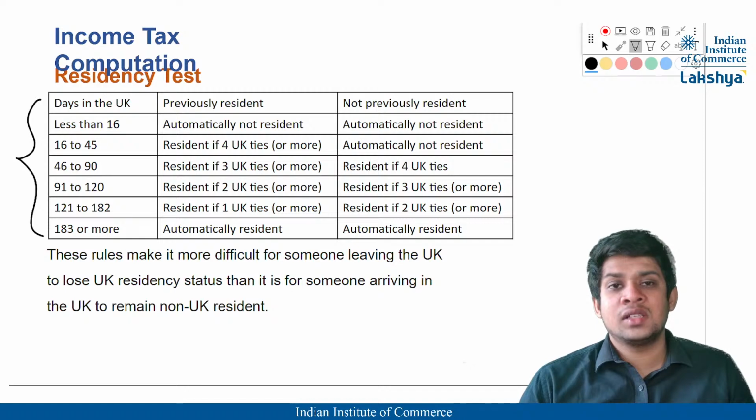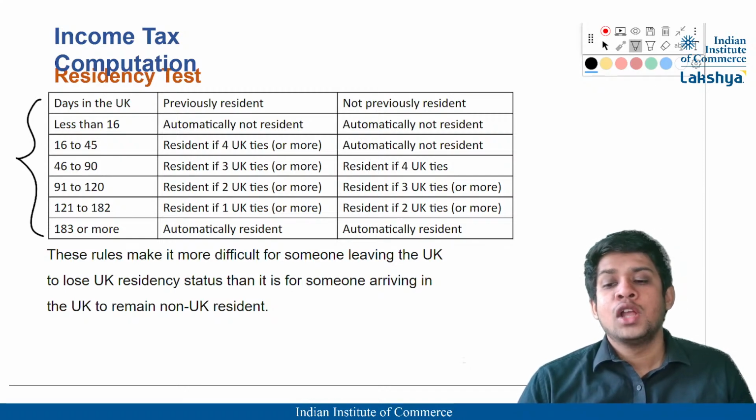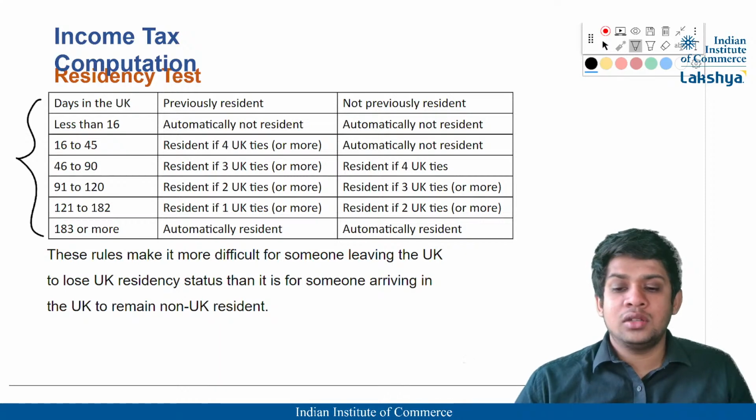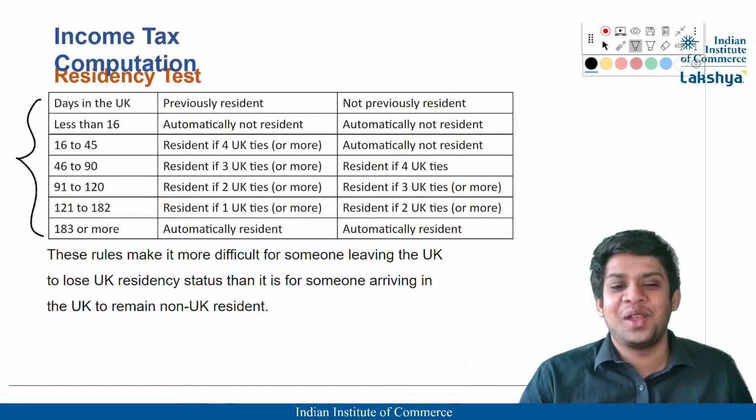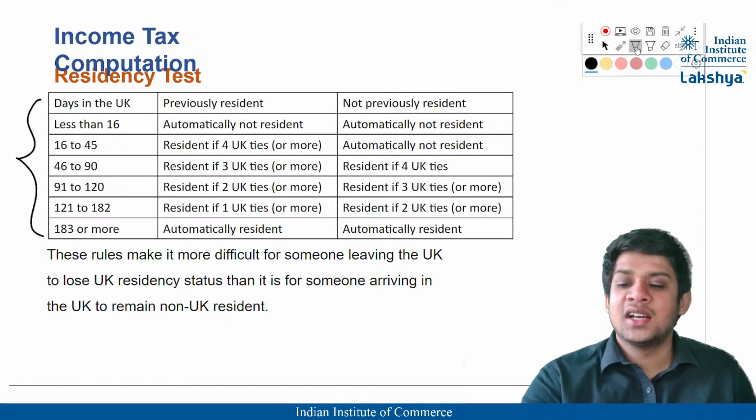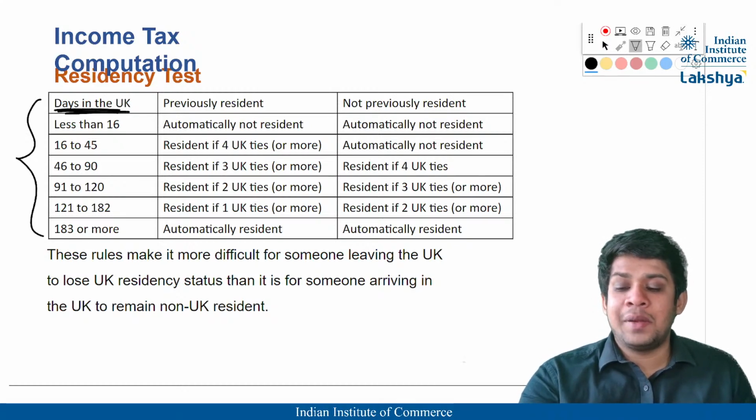And that is the reason why they visit for a couple of days, then leave, then visit for a couple of days, then leave. Okay. So, depending on whether they are previously resident or not previously resident, there are certain ties. So you try and make them as much UK resident as possible, even though they don't want to be. Okay. So guys, here days in UK depends on whether the person is previously resident or not previously resident.